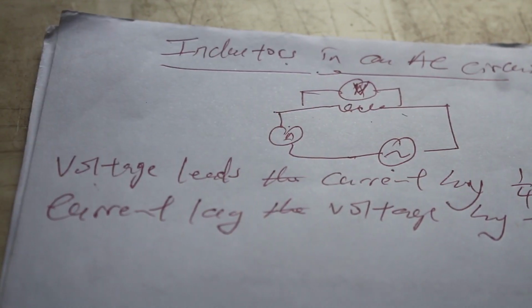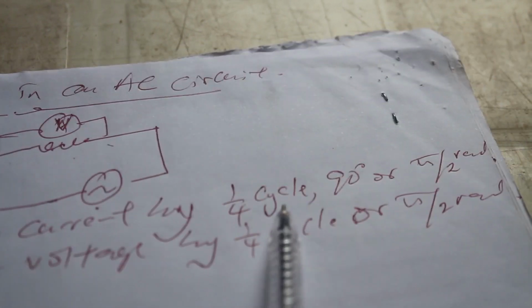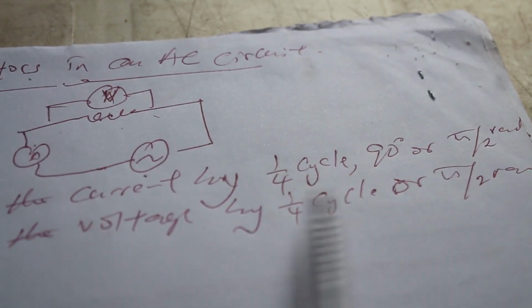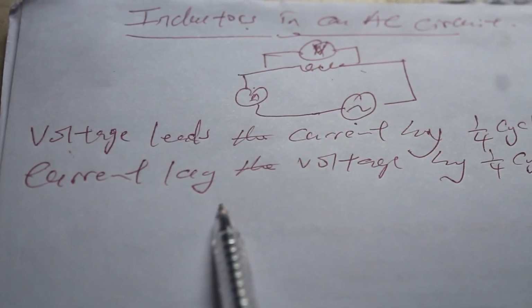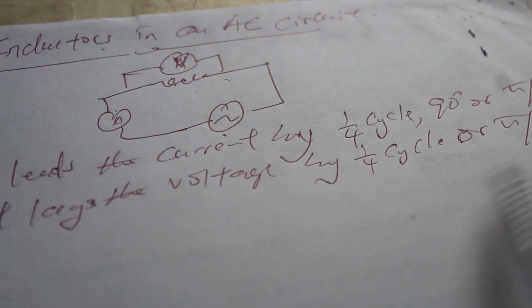You see, so the voltage leads the current by a quarter of a cycle, 90 degrees or pi over 2 radian, while the current lags the voltage by the same margin.